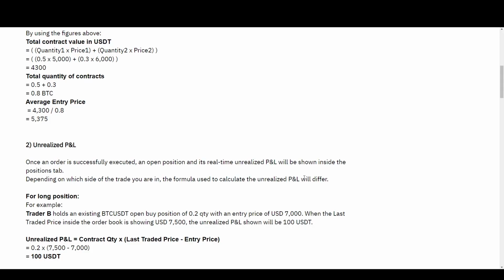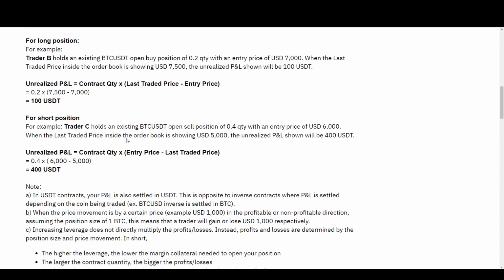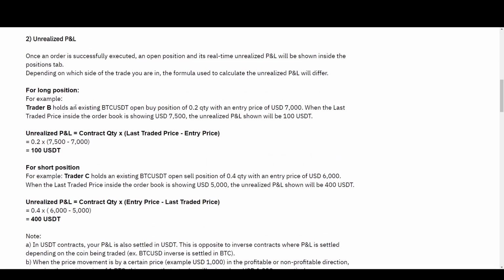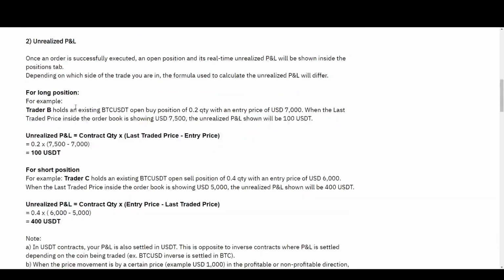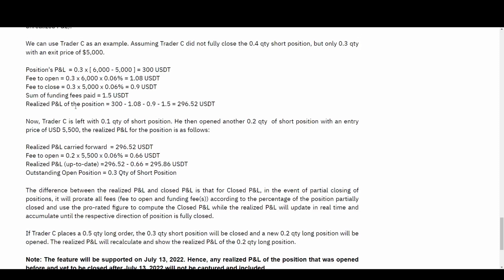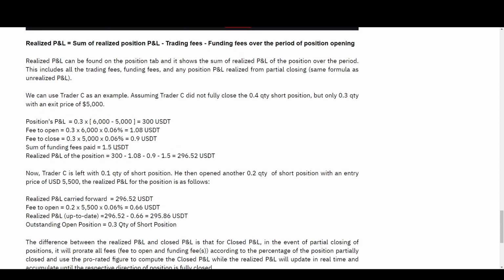A second. Also, I'm just now noticing something. If this is true, how to calculate your P&L, then you actually only get charged once you close your position.